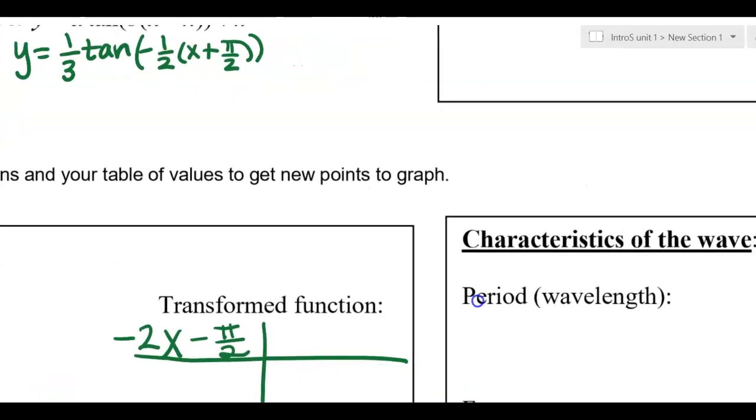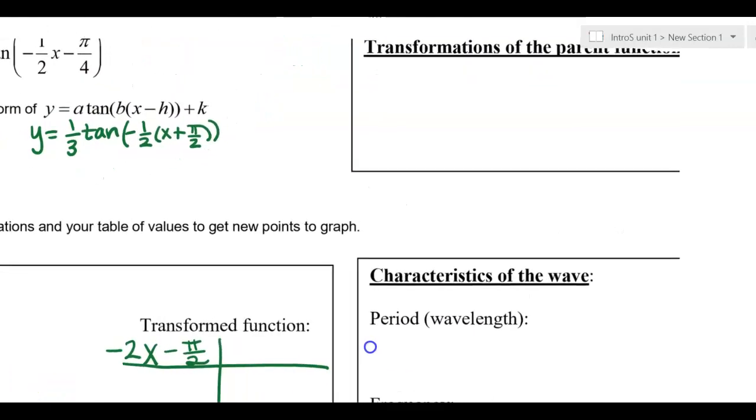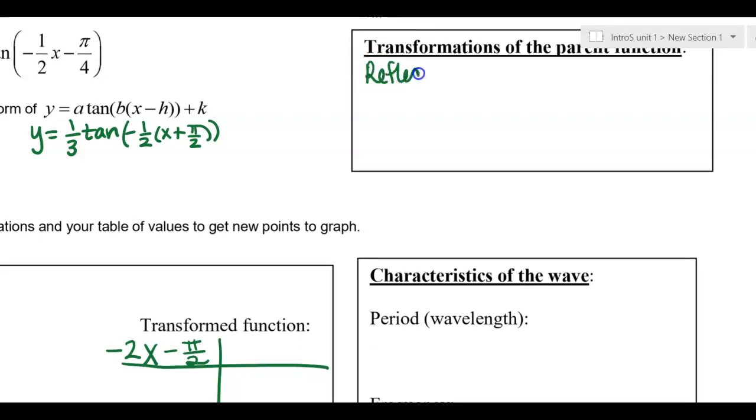In words, how do we say those transformations? So what is the negative? What are we going to say for that? Reflection. And which axis is it over in this case? The y-axis, right? You're switching x's. If you change x's from positive to negative on the graph, they flip left and right, which is over the y-axis. How do we describe multiplying by 2 those x distances on the graph?